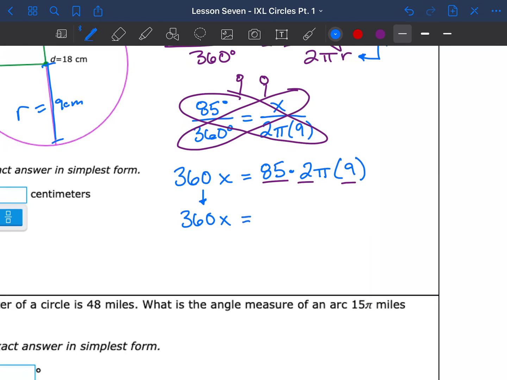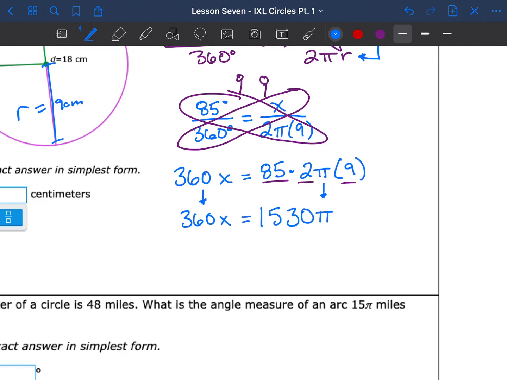I'm going to grab my calculator and figure that out. So 85 times 2 times 9, you get 1,530. And again, I haven't done anything with that pi, so bring that pi down.